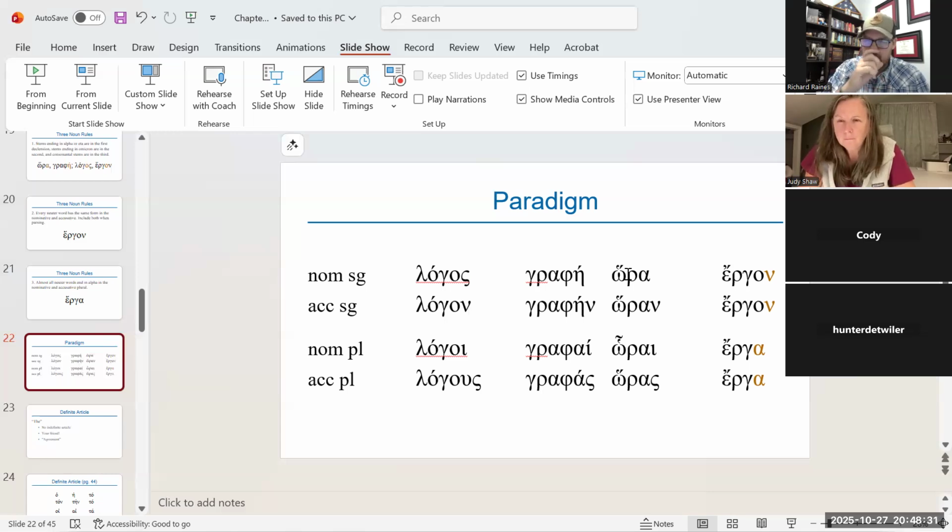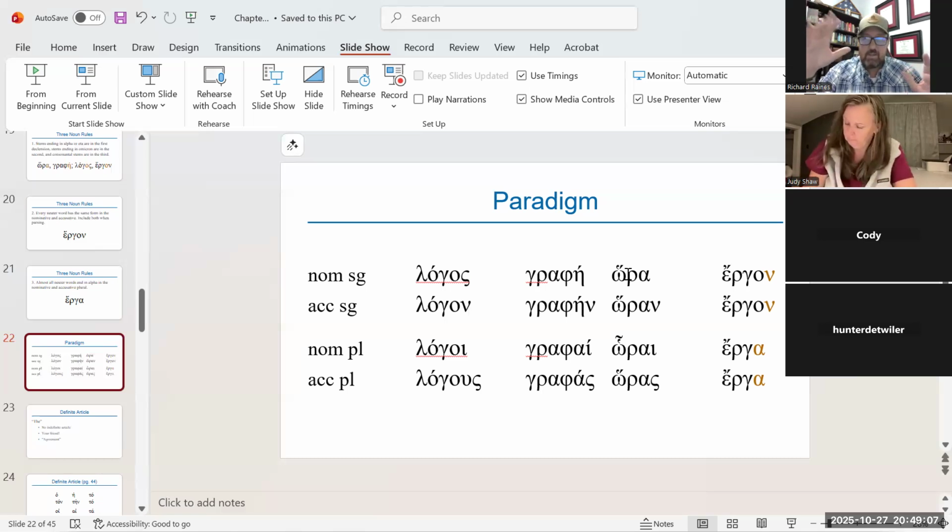You want to make sure that you train yourself to say, okay, because it has an iota at the end of it, it is a masculine plural nominative, words from logos. So this only comes through writing it out, either on flashcards, or if you ordered flashcards, I don't know if the flashcards that come with this whole kit have all of this or not, but if not, it's probably better that you write it anyway, because you want to employ all the senses. You want to see it, say it, and write it.